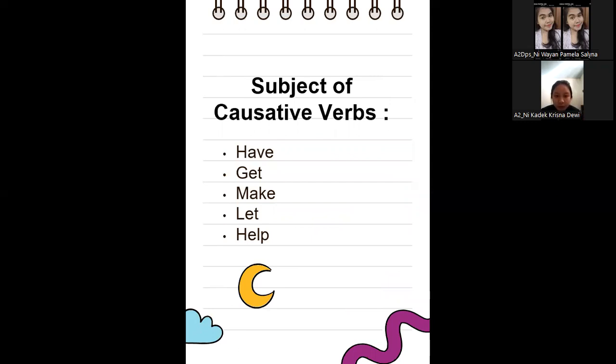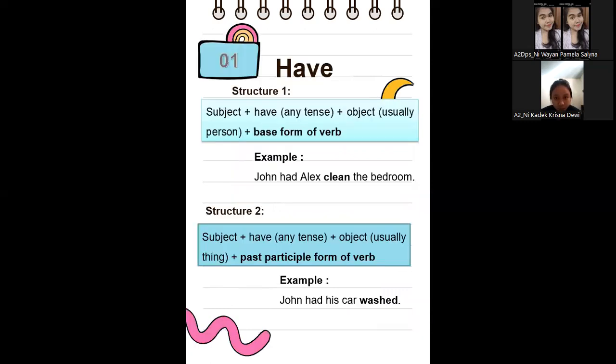Okay, the first: subject of causative verb. There are have, get, make, let, and help. Number one is have. The first structure is subject plus have or any tense plus object, usually person, plus base form of verb.